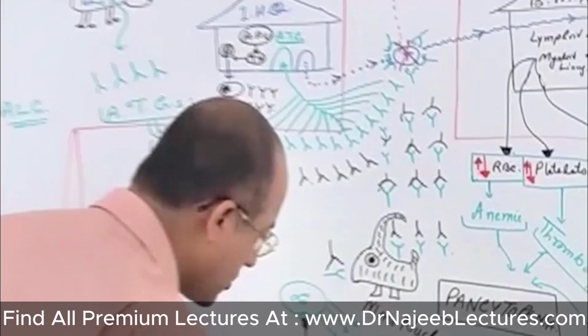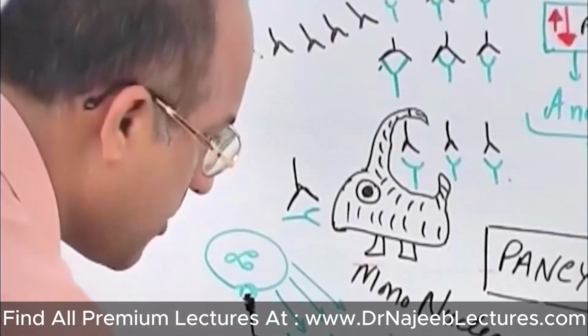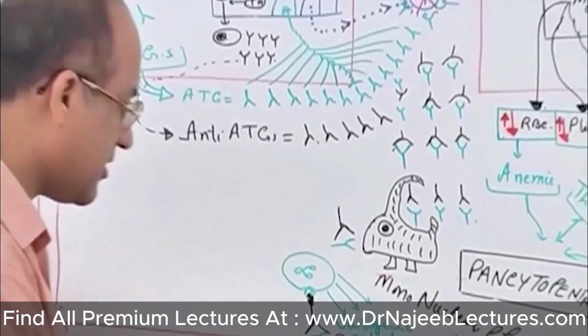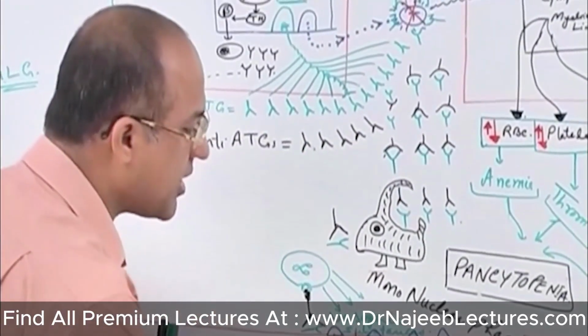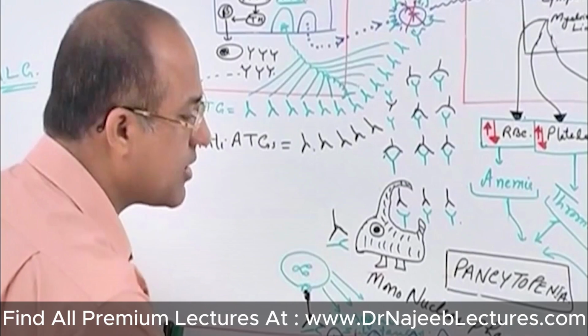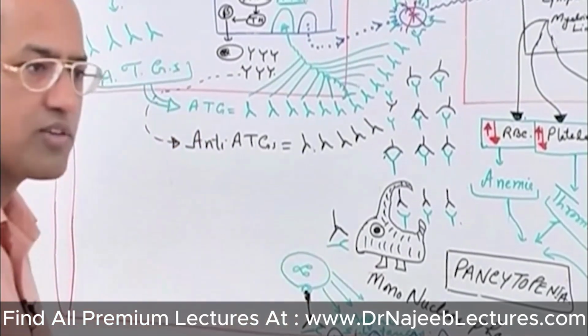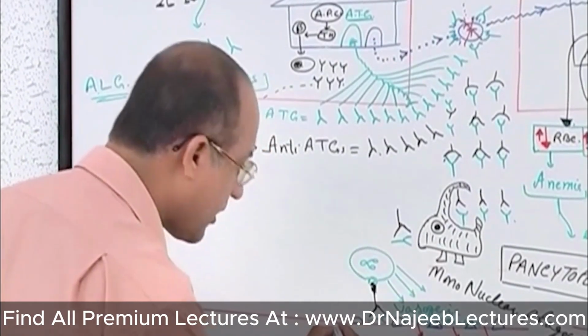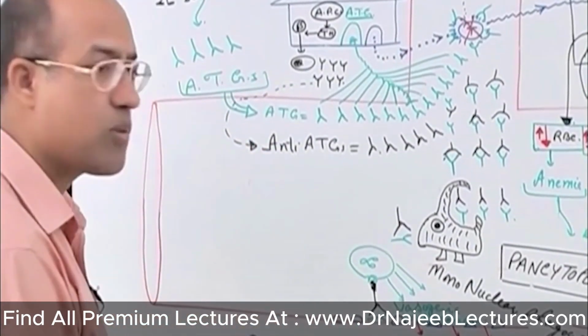What will happen? If interendothelial gaps are formed, it means that there is increased permeability of microcirculation wherever these complexes are depositing.